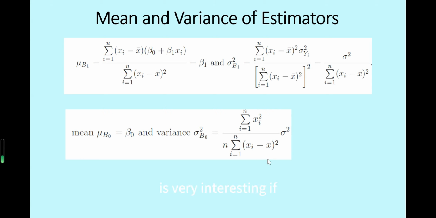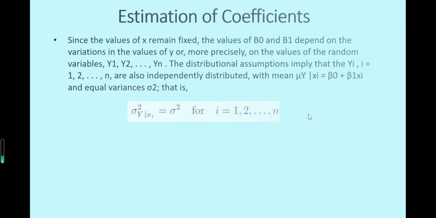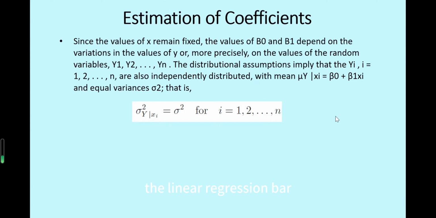It's very interesting. If the sum of squares of xi with respect to x bar is bigger, then the variance of b1 will be smaller, right? For the same variance of the error term. So what does this mean on the linear regression line?